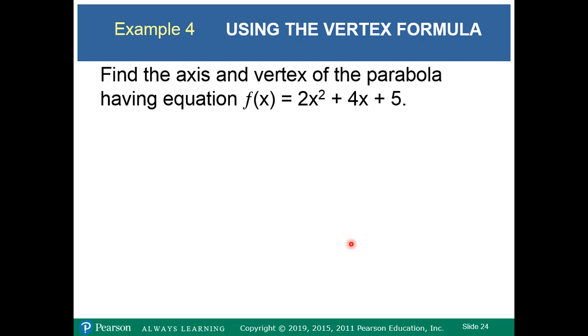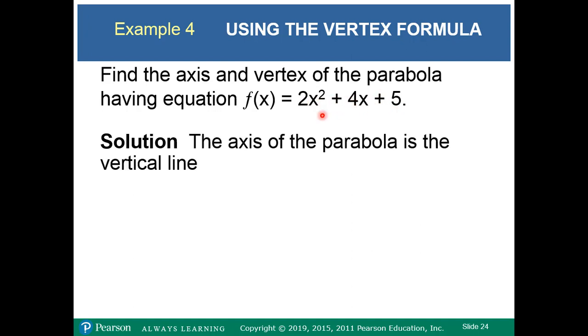So in this example, it says using the vertex formula, we're going to find the axis and the vertex of the parabola using this equation. So first of all, a is 2, b is 4, and c is 5. And notice that our standard form has plus signs. Now we're going to use the vertex formula, x is equal to negative b over 2a.